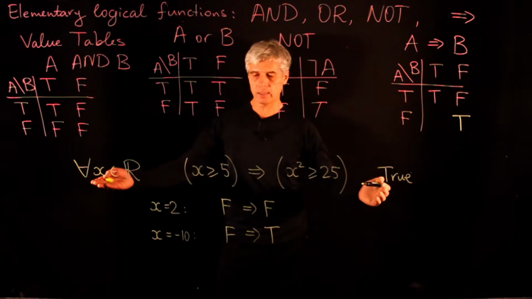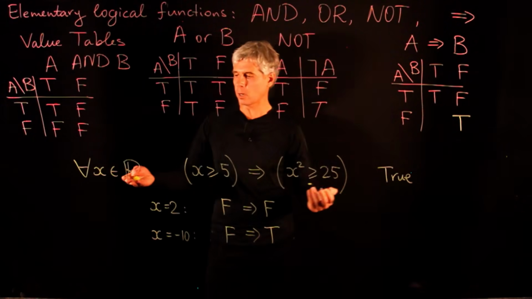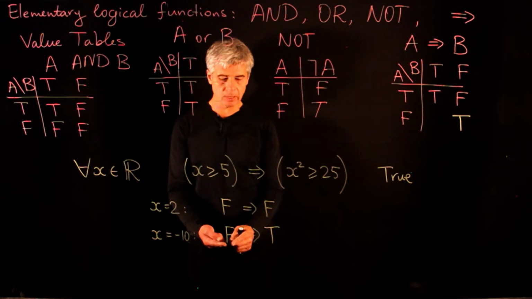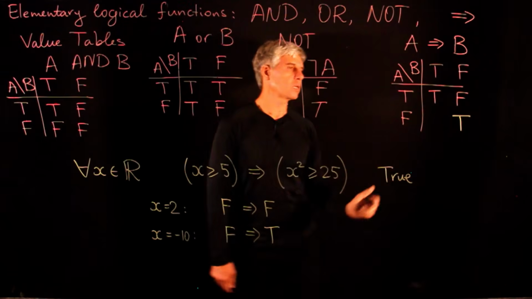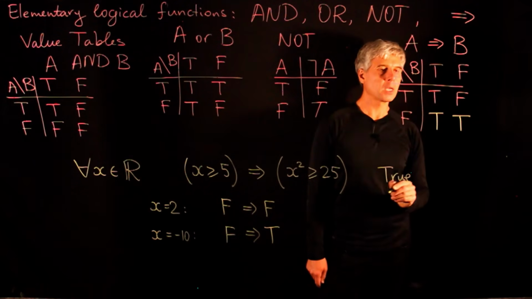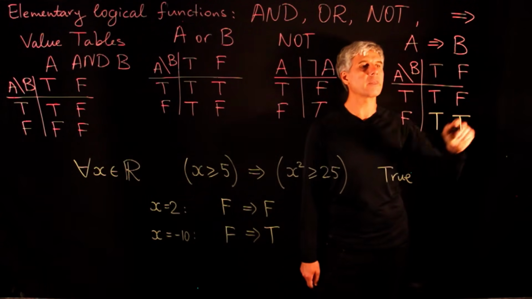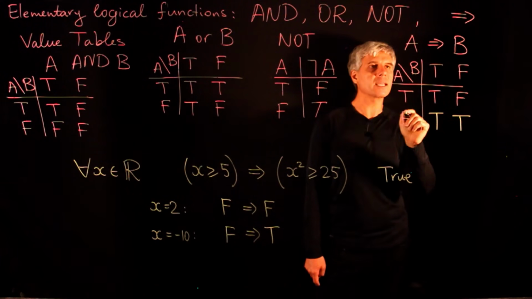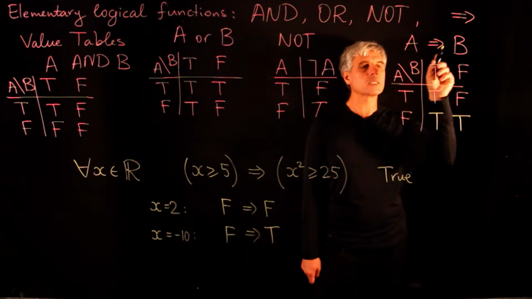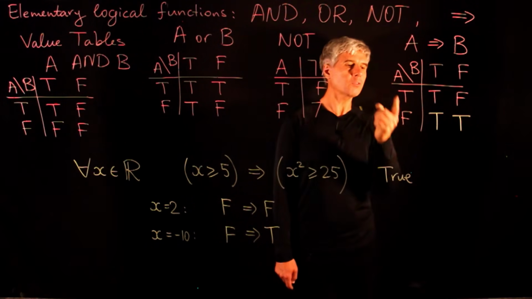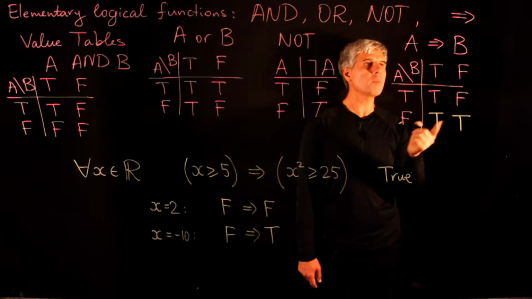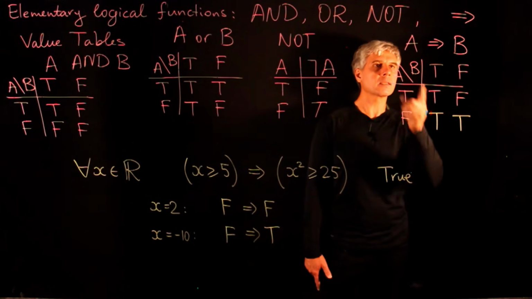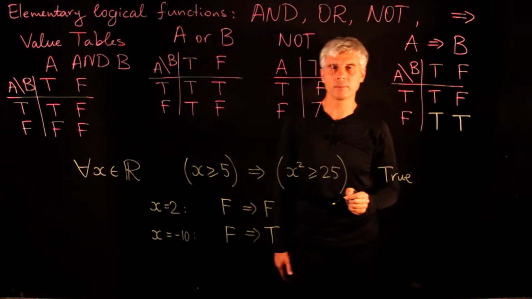And because we said that this must be a true statement for all x, this tells us that the statement when false implies true is also a true statement. So this tells us that in mathematics we use the following understanding of A implies B. If A is false, then no matter whether B is true or not, we treat A implies B as a true statement.